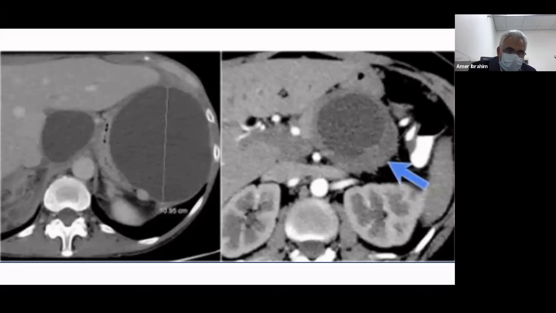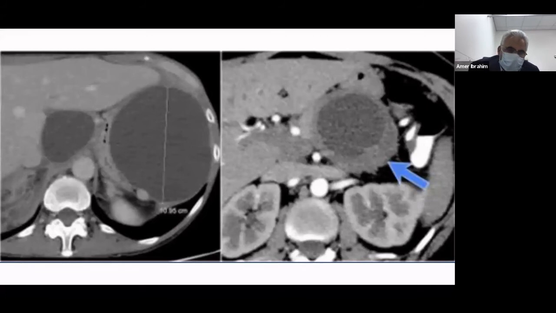One image on the right side of the screen with a blue arrow shows a cystic lesion, but you can see the wall of the cystic lesion is irregular and has nodules. This is a lesion we worry about. It's a suspicious lesion.